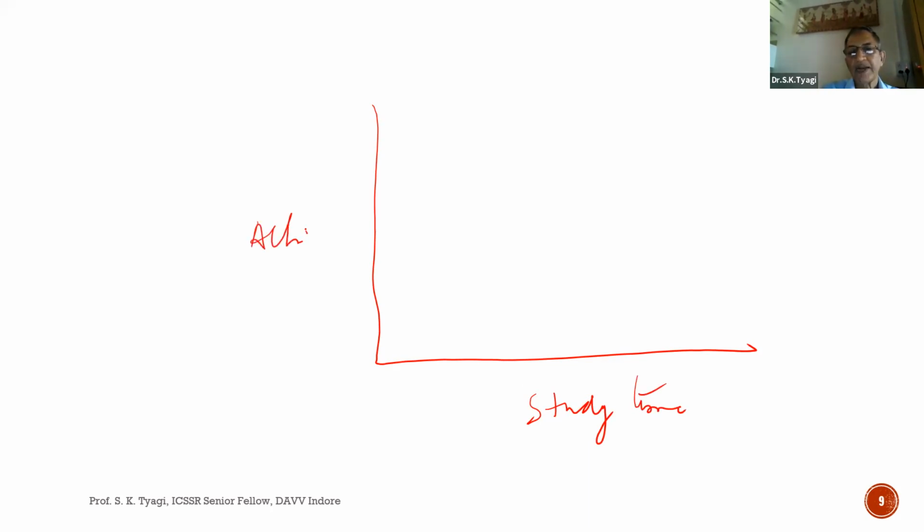This is our regression line. On x-axis we have 1, 2, 3, 4, 5. On y-axis we have 1, 2, 3, 4, 5, 6. On x-axis we have study hours 2, 4, 6, and so on.